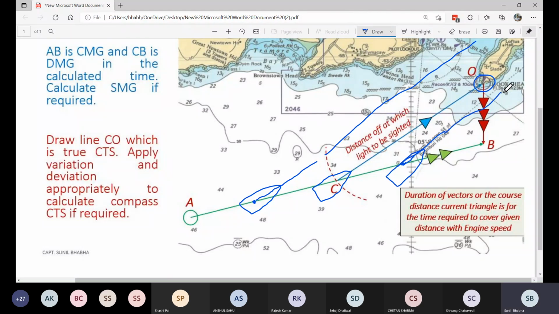So this is the heading of the ship, and let's name this point as D. When the ship is at point D, you can see that the Hook Head lighthouse has gone on our port bow. So it is at point C that the Hook Head lighthouse crosses over from starboard bow to the port bow. Okay, beta, understood? Yes sir.